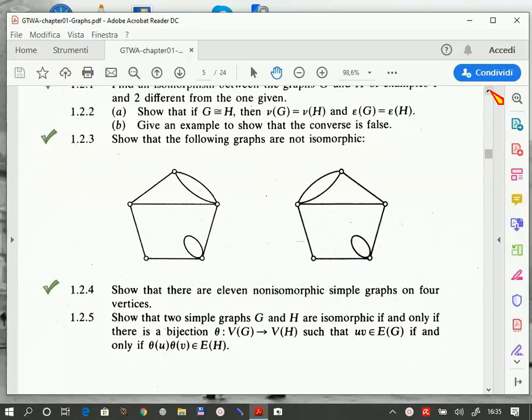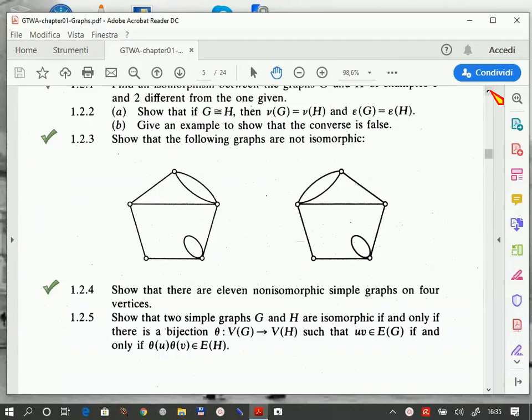If I want to show you that two graphs are isomorphic, what can I do? One possibility is I produce an isomorphism, meaning a bijection theta between the vertices, a bijection phi between the edges, and I check that the incidence is respected.